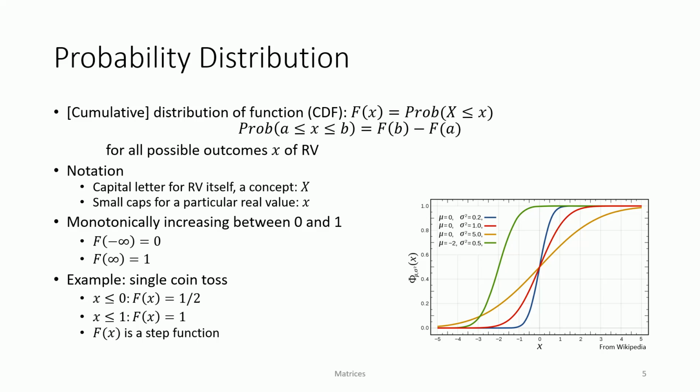Random variables are associated with probability distributions. When we are observing some random variable, we say it's coming from a probability distribution. The probability distribution, sometimes called cumulative distribution function or distribution function, can be characterized by its distribution function.